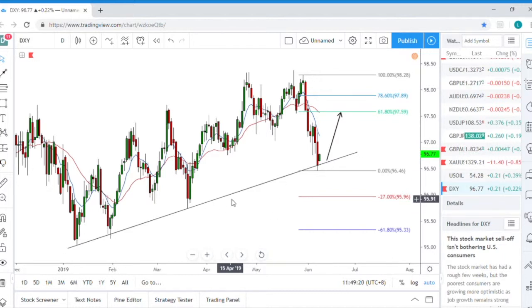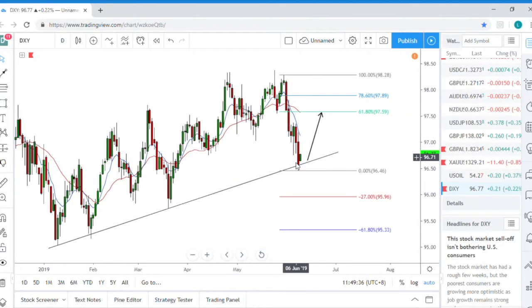But looking at the bright side, which is technical, we see a multiple series of higher lows and higher highs: the first low, higher high, higher low, higher high, higher low, and so on. We now have the fourth drive playing out right now.